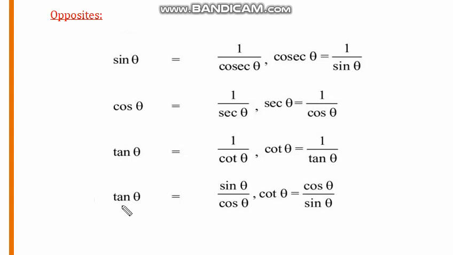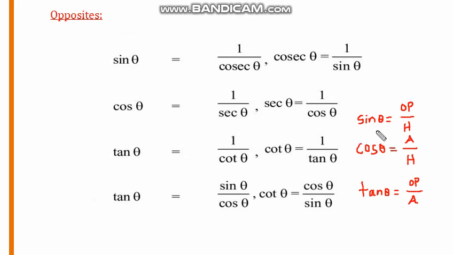One more thing: tan theta equals sin theta by cos theta. We already know sin theta equals opposite by hypotenuse, and cos theta equals adjacent by hypotenuse. So the ratio of sin theta and cos theta is opposite by hypotenuse divided by adjacent by hypotenuse.